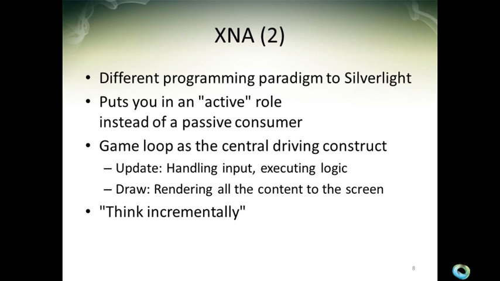So if you want to move an object from one end of the screen to the other end, you need to move the object about 1/30th of the whole screen distance in each frame, in each loop. And this kind of thinking is sometimes difficult for beginners that have no game experience and may lead to mistakes at first.